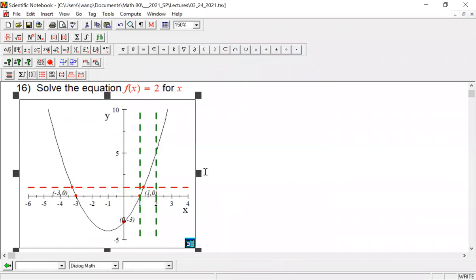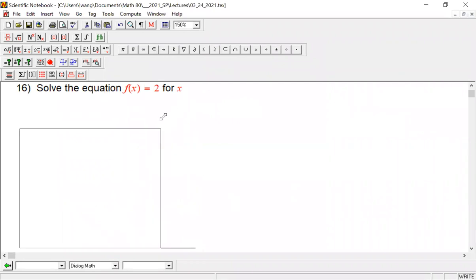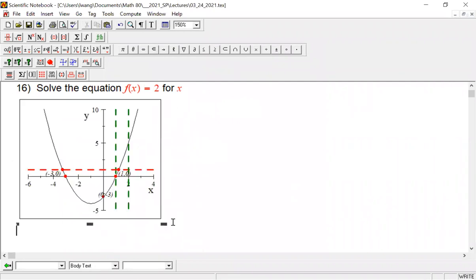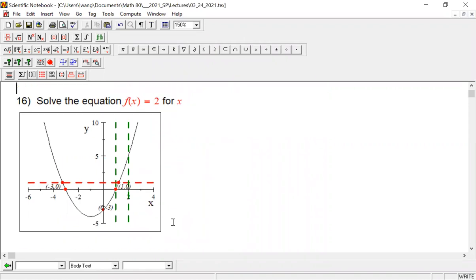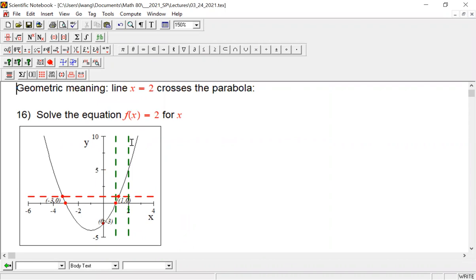Boom. So this line is x equals 2. Let me make it just a little bit. This second green line is x equals 2. Do you guys see that? So this one is x equals 1.